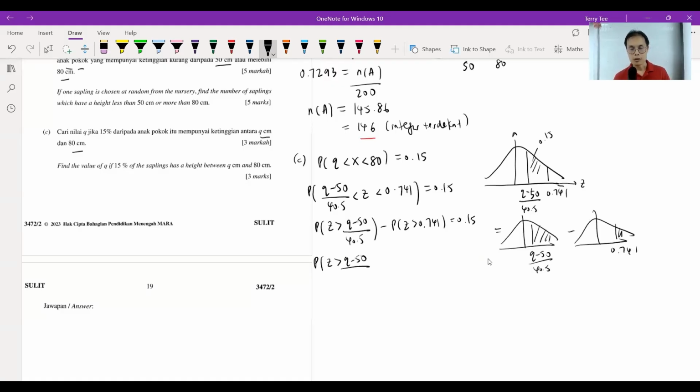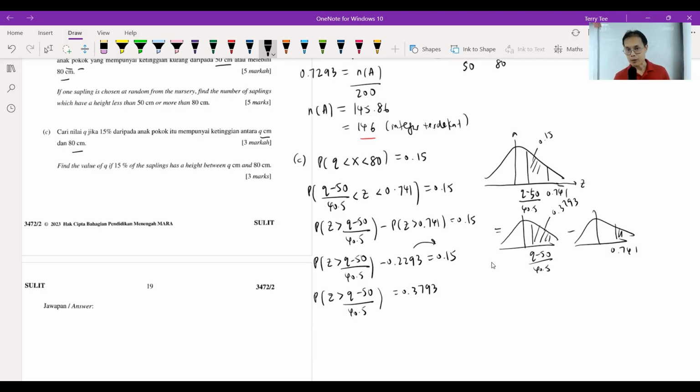What is this value? Previously we got it as 0.2293, right? 0.2293 from the previous part. You basically just have to bring over and add together. P(Z more than (Q minus 50) over 40.5) is 0.3793. Okay, here when we want to work backwards, we already know this total area. That means this area here is 0.3793.